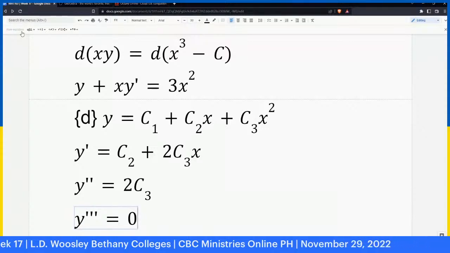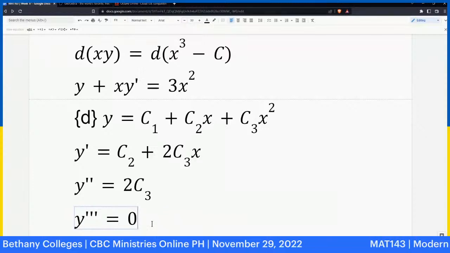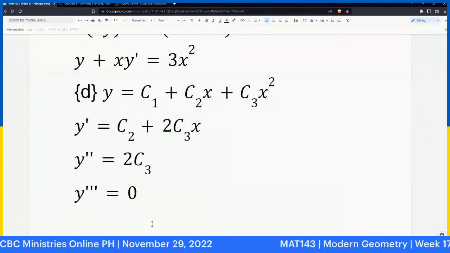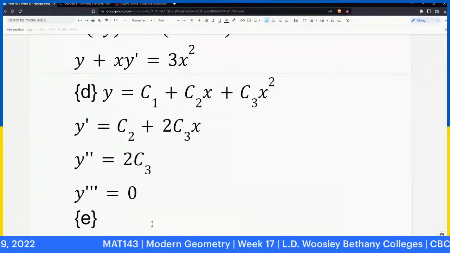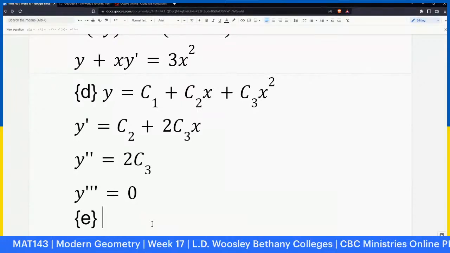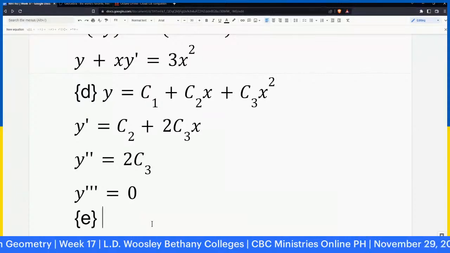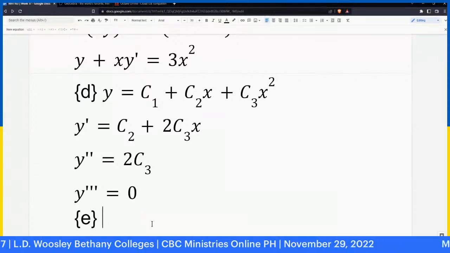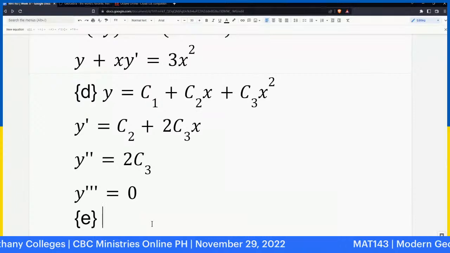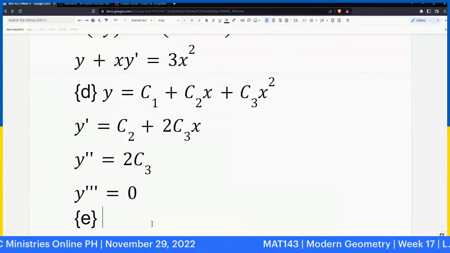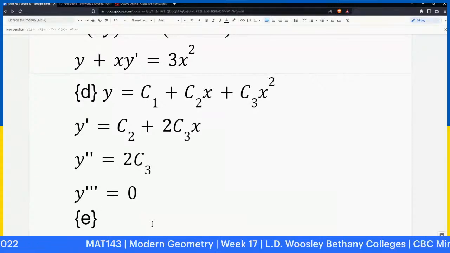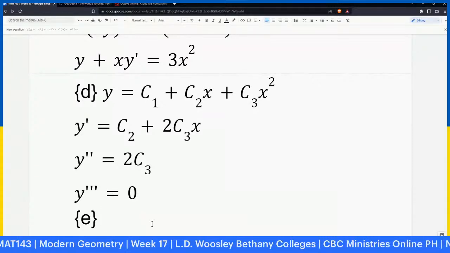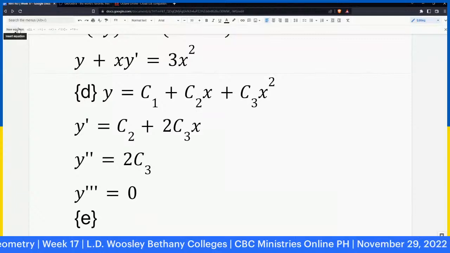Okay, sige. Another. Ito, huli na to. At least para masanay ka rin, kasi minsan bihira lumabas sa exams to eh. Yung may mga arbitrary constant you need to eliminate. For the case of letter E, there are 3 arbitrary constants, you need to perform up to the third derivative or third differential. For this one, there are only 2 arbitrary constants.